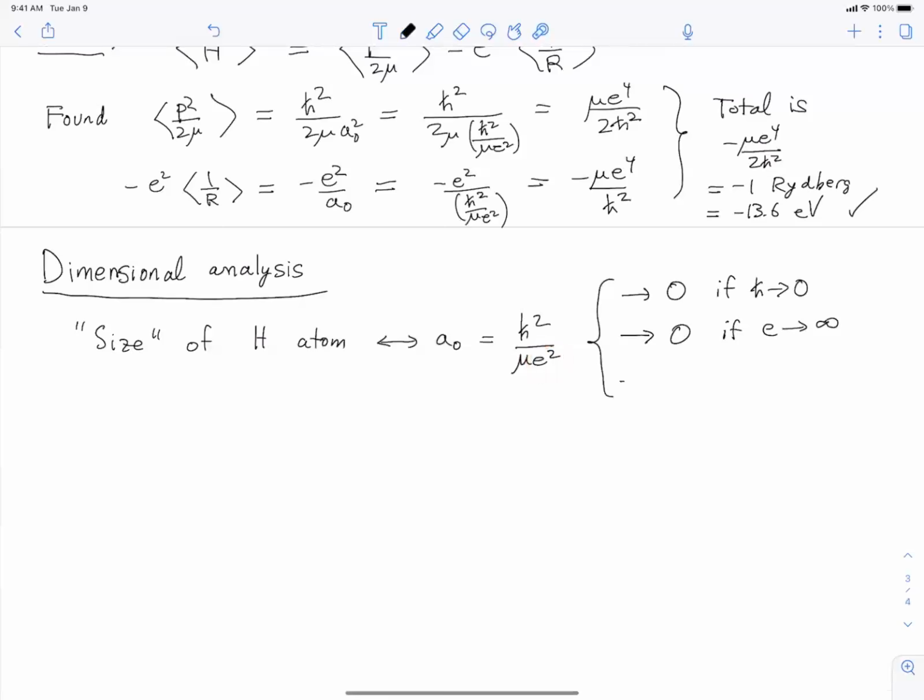Okay, and then the same thing would happen again if the mass of the electron goes to infinity, then it's very heavy and it can't escape from the proton.